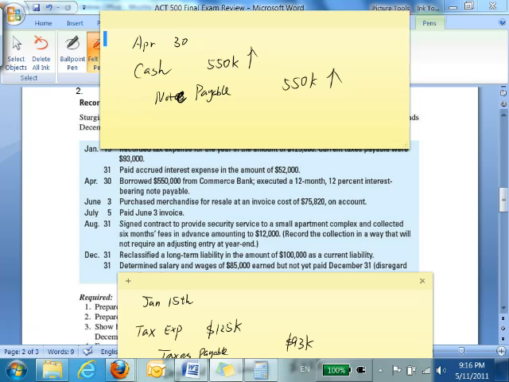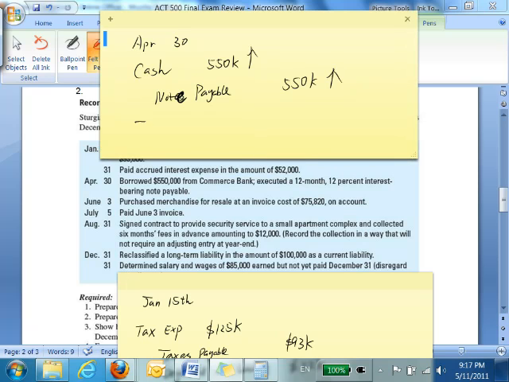June 3rd, purchased merchandise for resale at an invoice cost of 75,820 on account. Okay. They purchased merchandise for resale, so they purchased merchandise inventory. Invoice cost 75,820 on account. So this tells us that they don't use the cash. They purchase inventory on account.